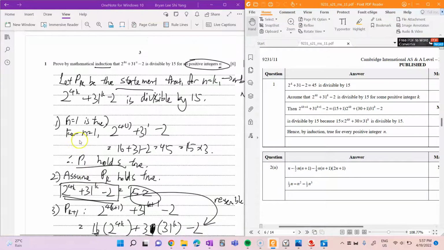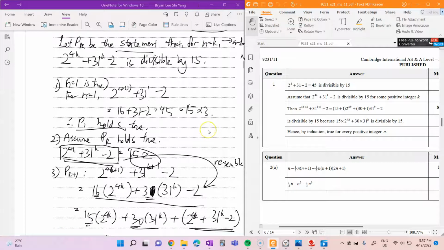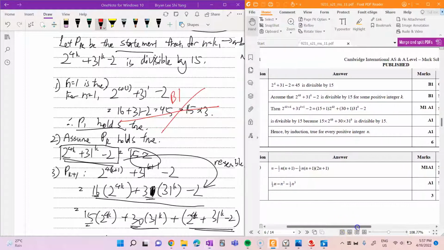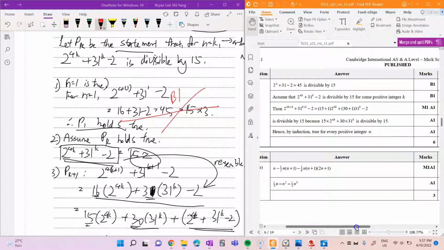The first mark that I have to allocate is if I see that this thing is divisible by 15, right? Using my red pen, I see this, and I did it correctly, so this is a statement mark, so I allocate myself a B1. Then assume that 2 to the 4k power is divisible by 15.